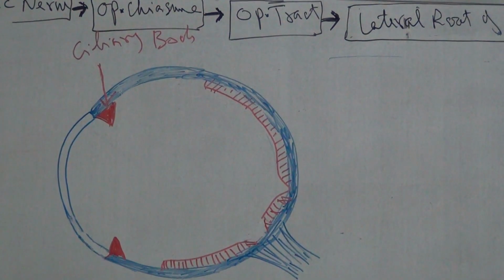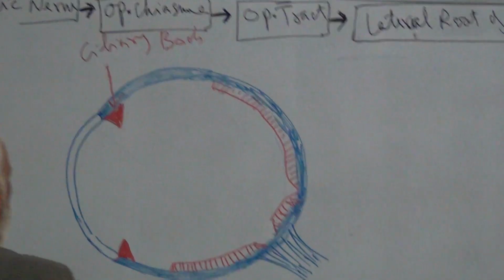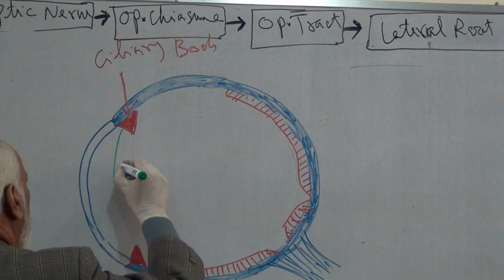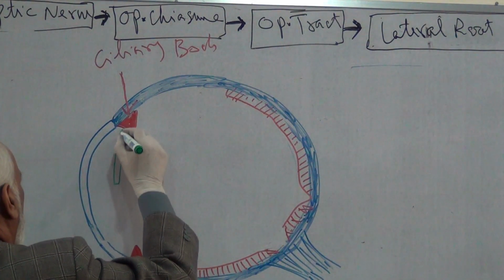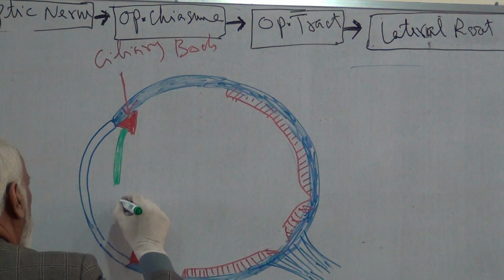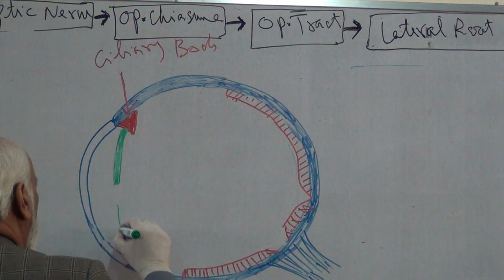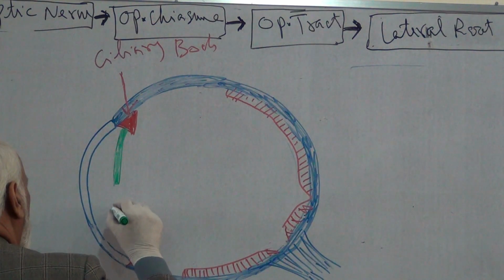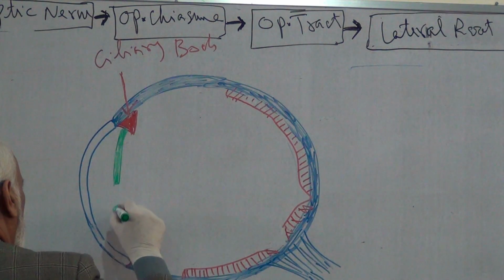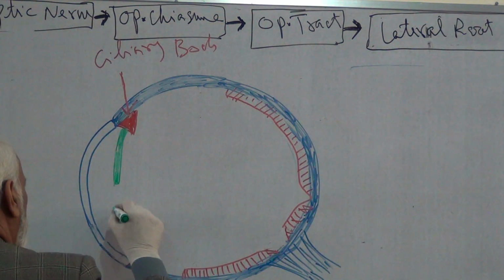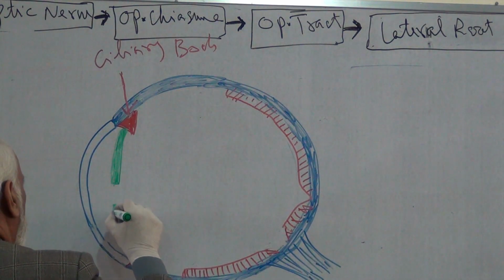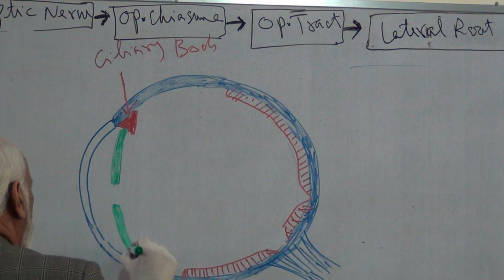Now to the ciliary body, two structures are suspended: the iris, and via the suspensory ligament, the lens is suspended. Iris, again a circular diaphragm, but it is sectioned, so the iris is cut twice in this diagram.